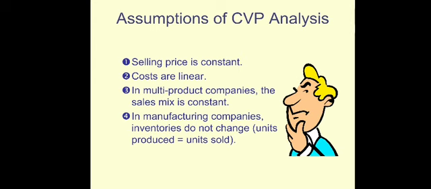And the second assumption is the costs are linear. So we assume that the unit variable cost is always the same. For the bicycle, the unit variable cost is always 300. The company sells one bicycle, the variable cost is 300.